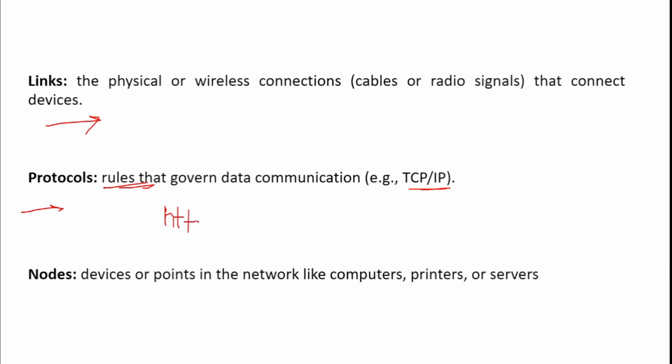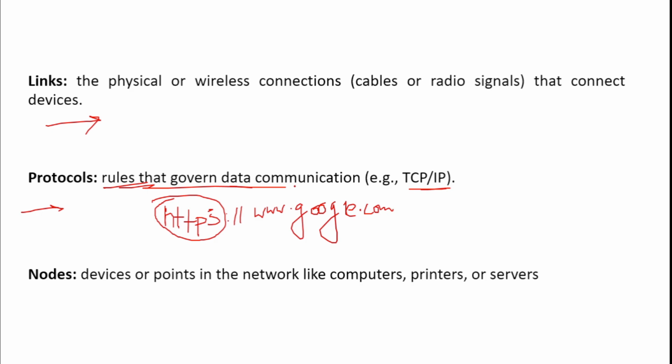Protocol is like when you use a URL like https://www.google.com. In this URL, this part is called the protocol. A protocol is a rule that governs data communication, how data will communicate between devices. Like if your URL uses HTTPS, it basically uses port number 443. The port number of HTTPS is 443.